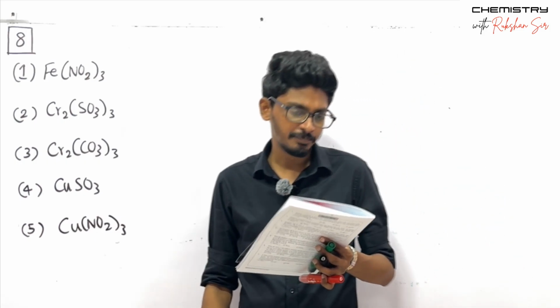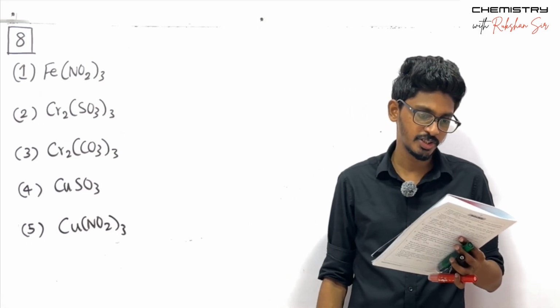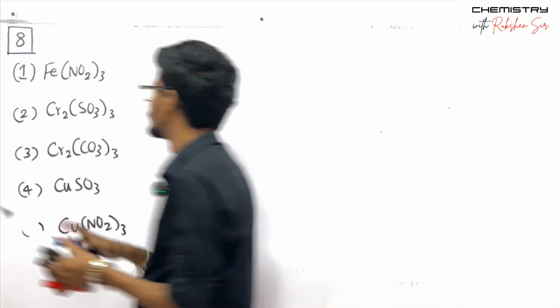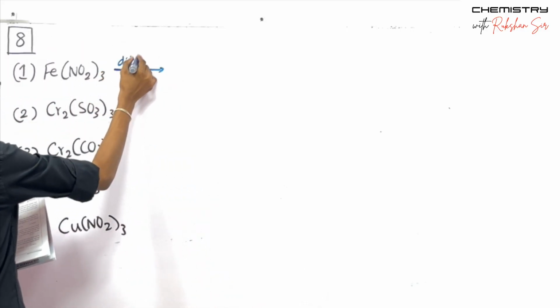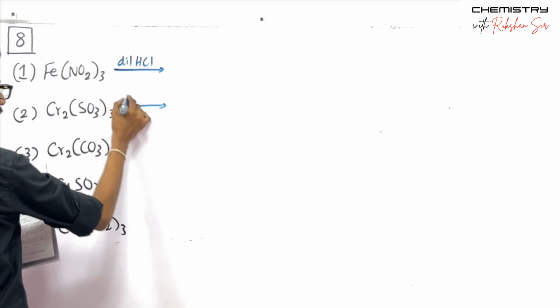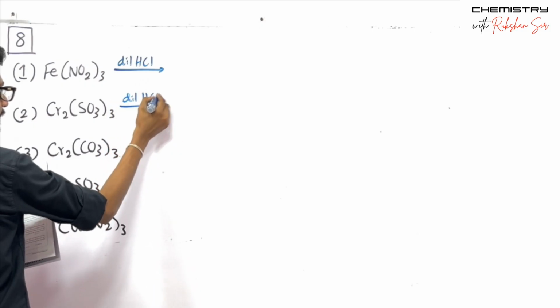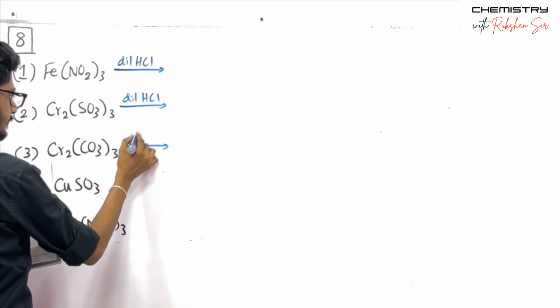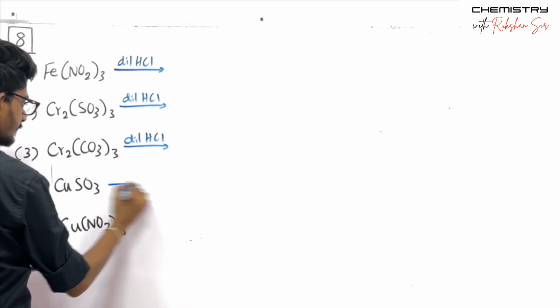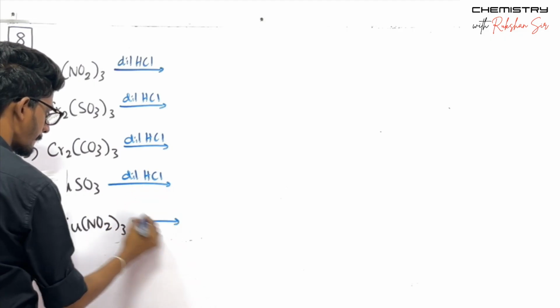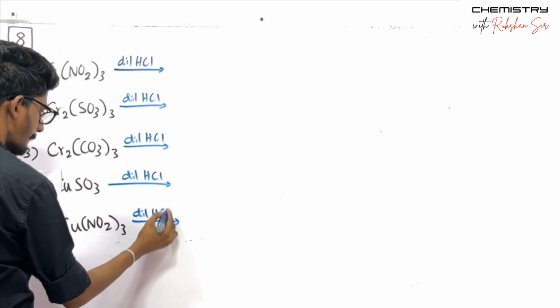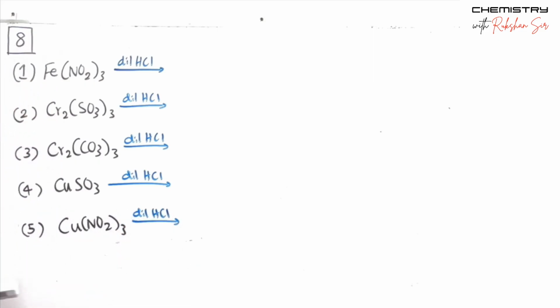See, an inorganic compound A gave a colored solution and a colorless gas with dil HCl. What will happen?